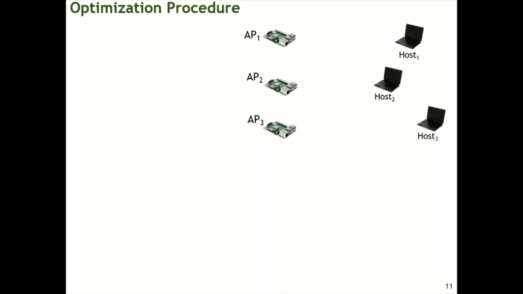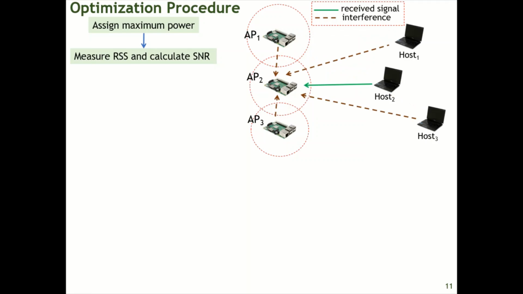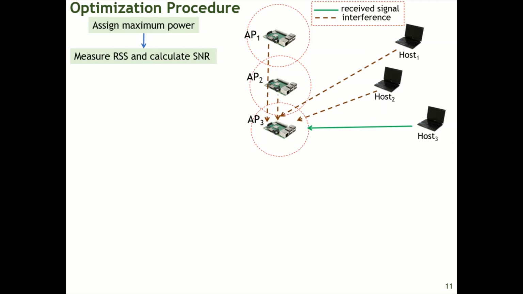Here's the optimization procedure of this method. First, we assign maximum power for all APs. And then we measure RSS from AP1, then from AP2, then from AP3.